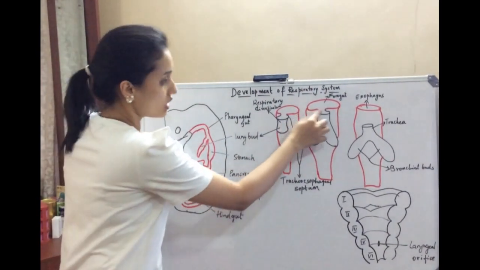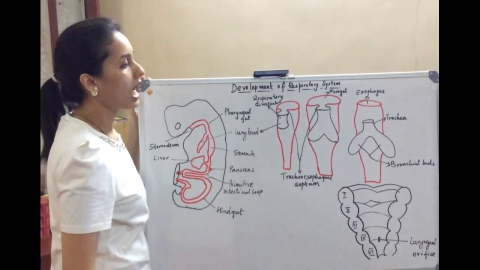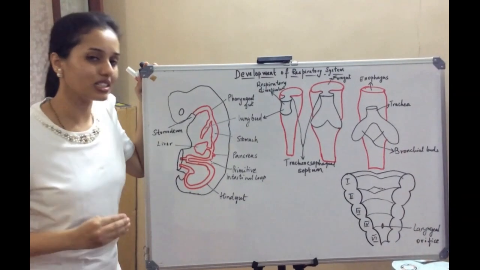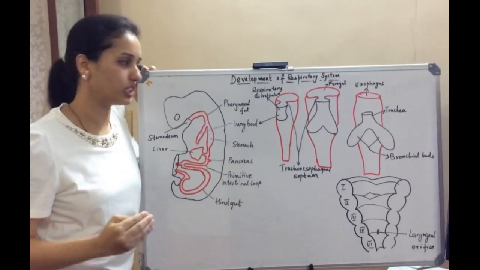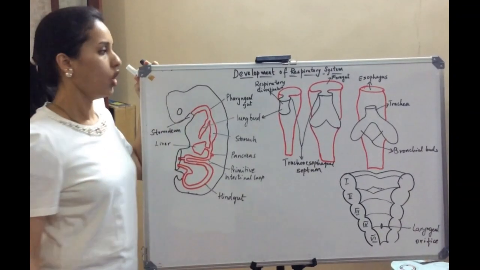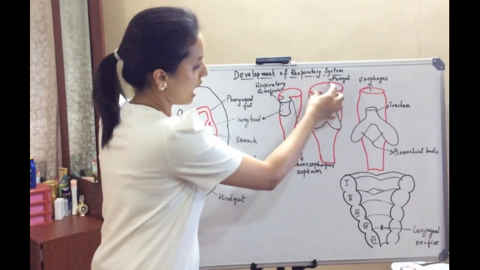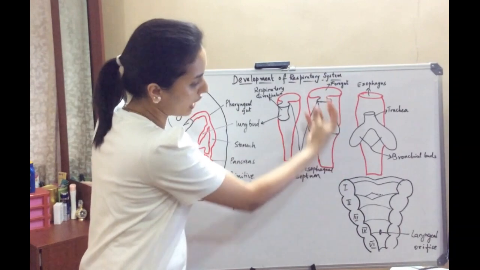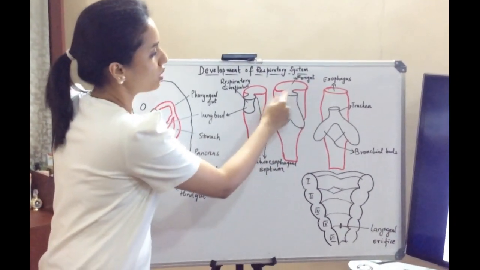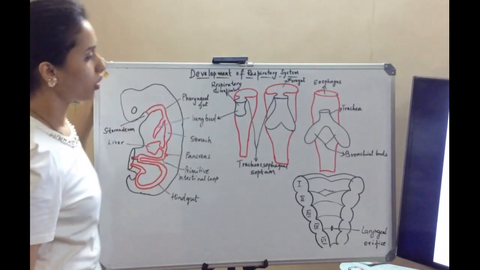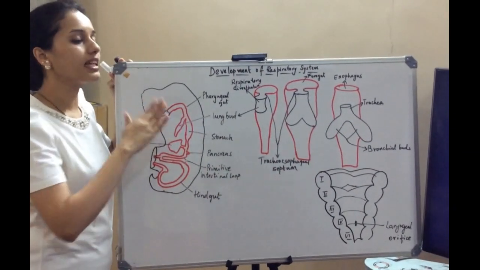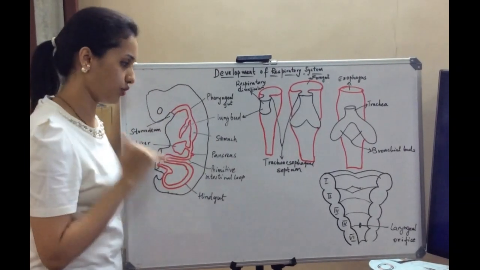So these ridges are called as tracheo-esophageal ridges. So why is it named as tracheo-esophageal ridges? Because it separates the trachea from the esophagus. Okay, so as the diverticulum elongates and develops caudally, these two ridges fuse to form a septum completely separating the trachea from the esophagus.